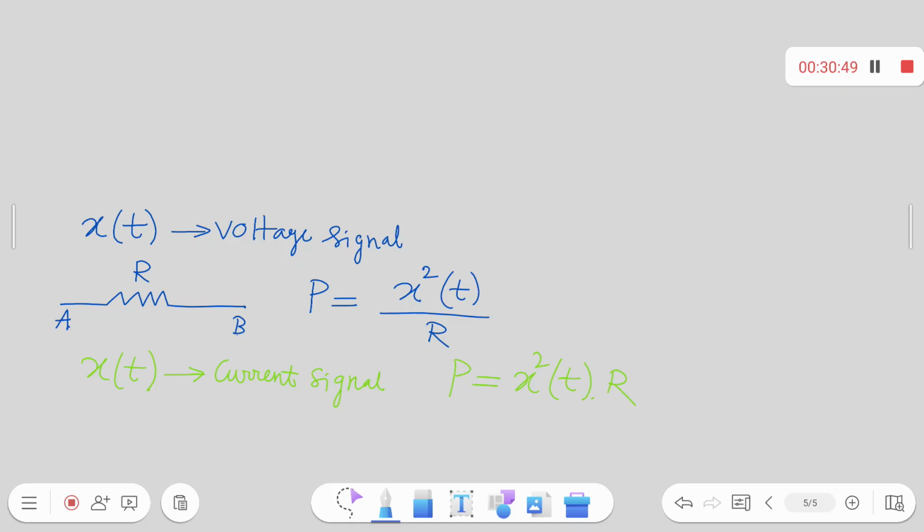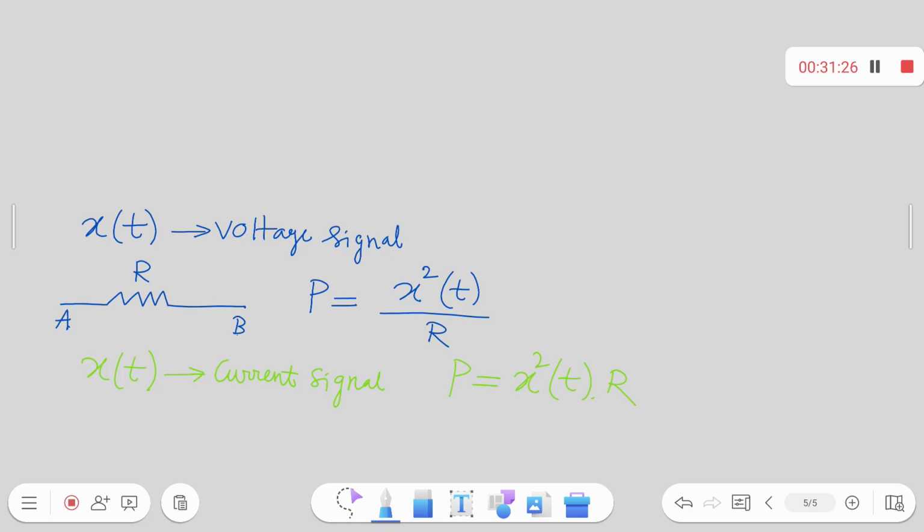That's the instantaneous power. Now, from the instantaneous power, how can you find out the energy being dissipated? How to find out the energy? P dt. Suppose the signal is defined for all time, from minus to plus infinity, for example a sinusoidal signal.